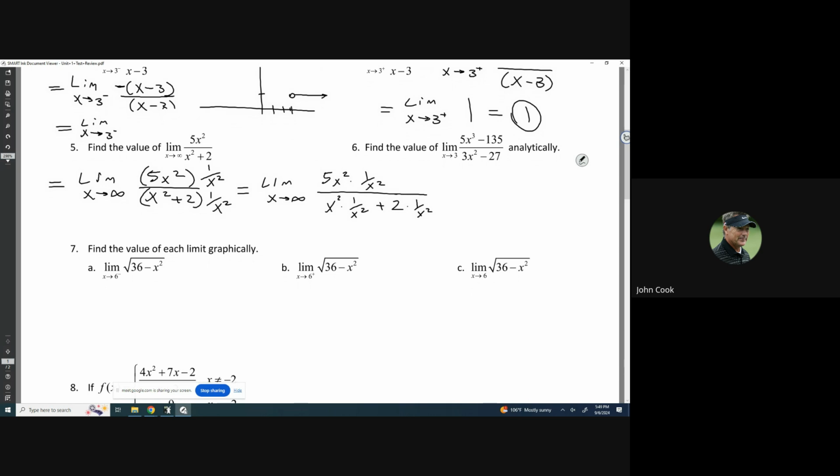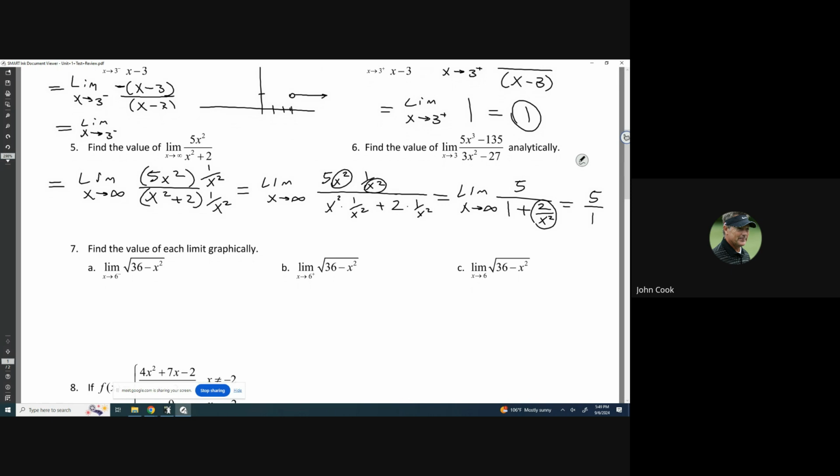Then x squared times 1 over x squared is just 1, so the x squared and the 1 over x squared cancel out on top, and I just get 5 in the top, and 1 plus 2 over x squared in the bottom. Now as x gets gigantic, that 2 over x squared basically goes down to just 0, so the limit is going to end up being 5 over 1, or just 5.